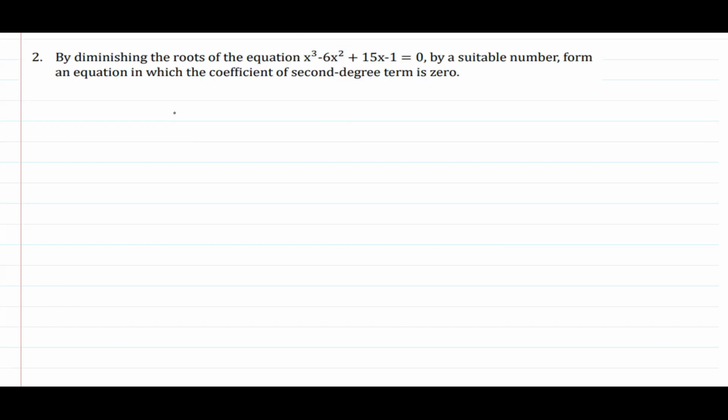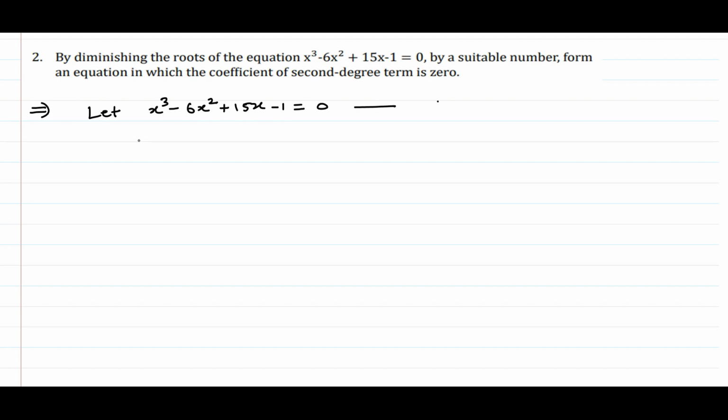Now in problem 2, let us consider the given equation x^3 - 6x^2 + 15x - 1 = 0.